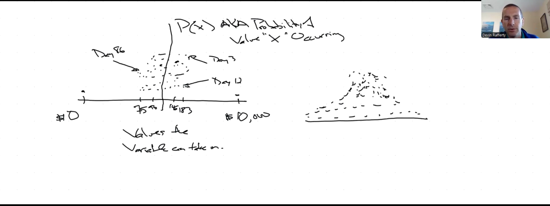Let's say that each one of these is the price of IBM stock on a different day. This is a high price. This is a low price. And this would be the medium price. Most of the time, IBM stock is in the medium range.